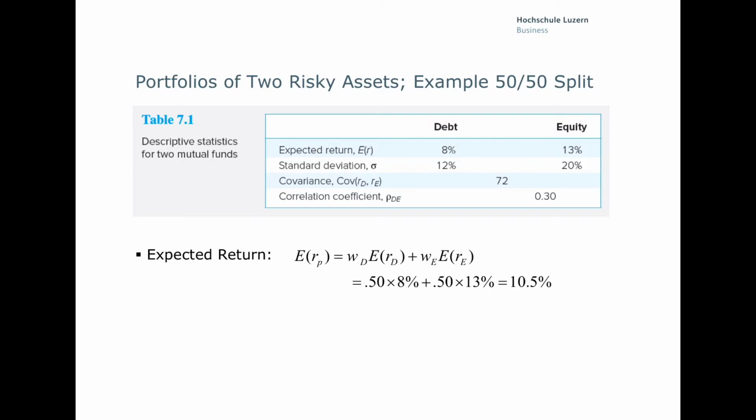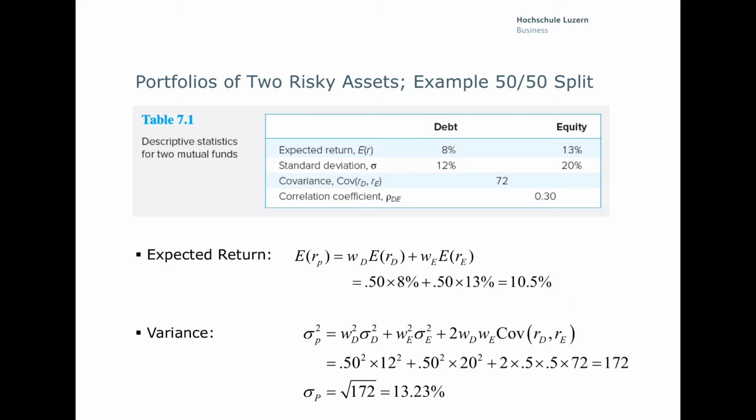As shown in this example, it results in an expected return of 10.5%. The variance of the portfolio, unlike the expected return, is not a weighted average of the individual asset variances.